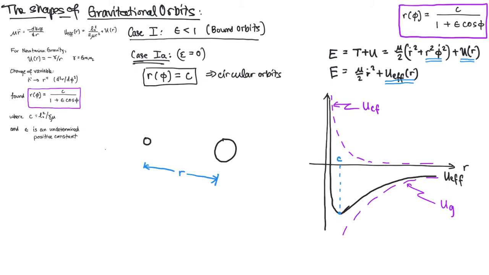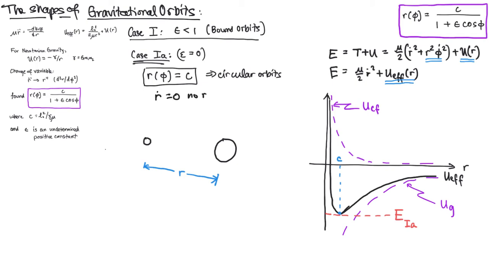In other words, the total energy of the system, if we think of that as a red line here, I'll tell that the total energy for case 1a is simply equal to the effective potential, black equals red, which tells us that r dot is 0, and of course we see that r dot is 0 because r is a constant.